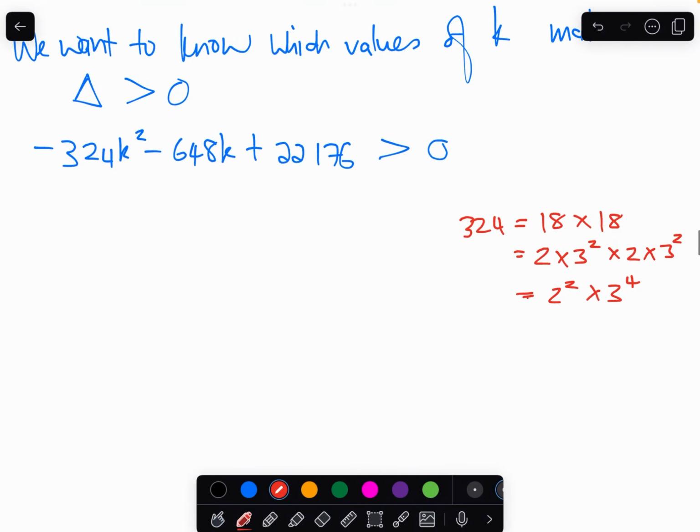Of course, this can be done on a calculator. 648 is equal to 324 times 2. Oh, exciting. So that is going to be 2 to the 3 times 3 to the 4.